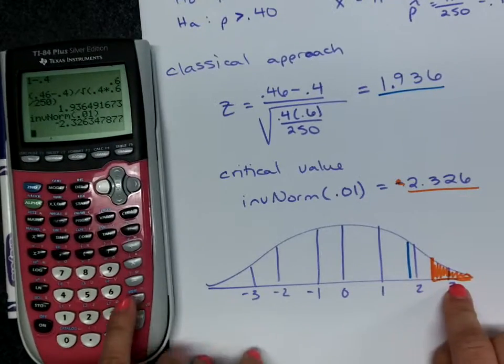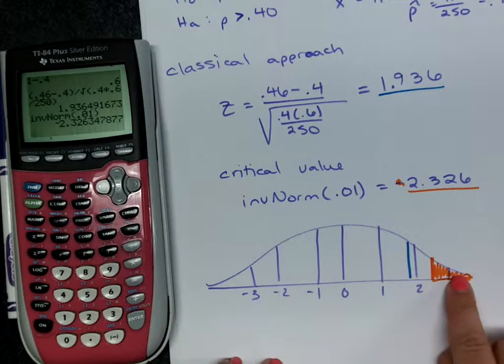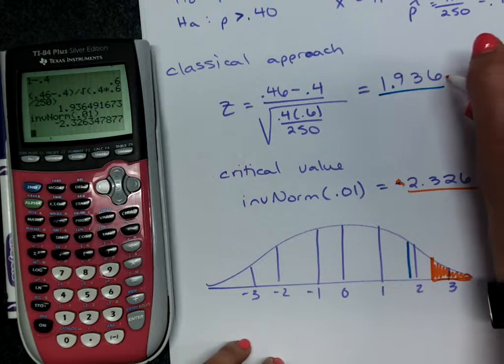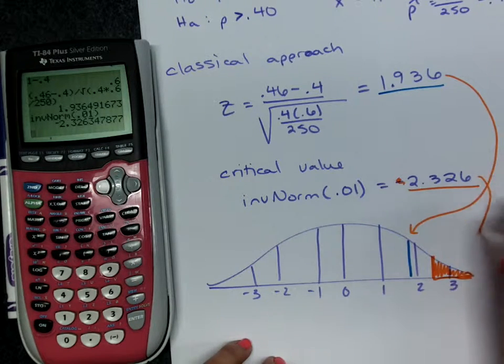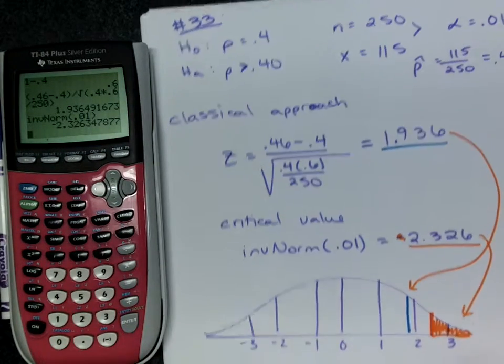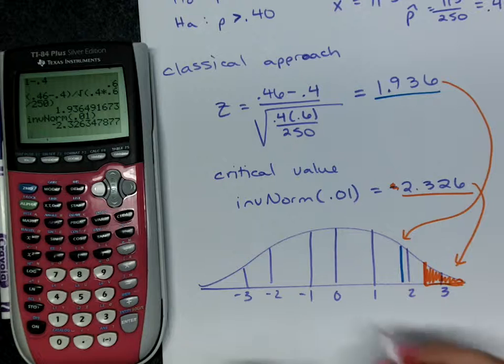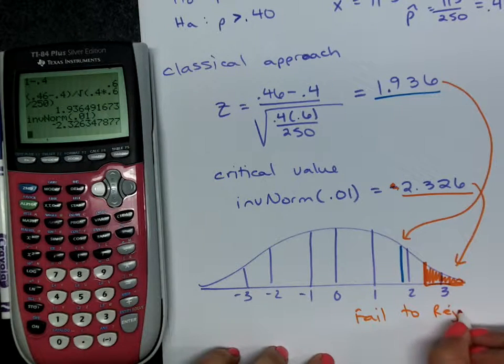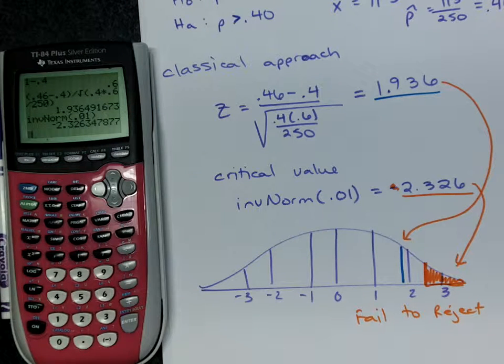Anything less than that is not that extreme. So our sample was not as extreme as a 1% significance level. So we would fail to reject. We do not reject the null hypothesis because the test statistic is less than the critical value.